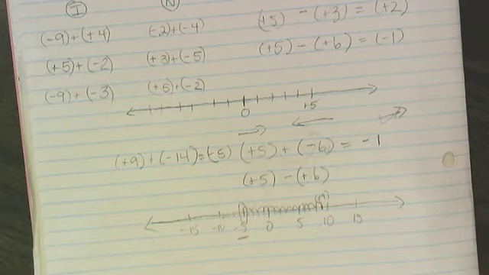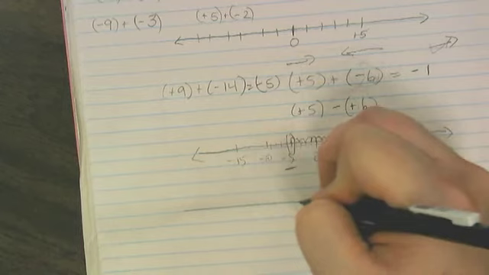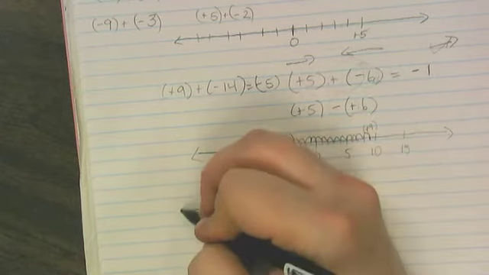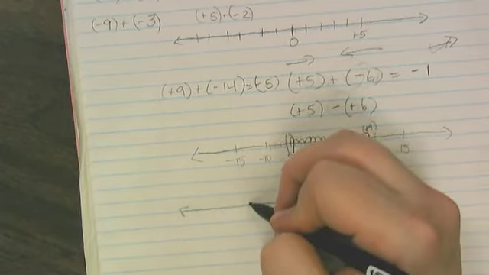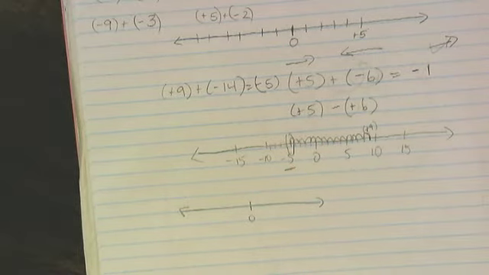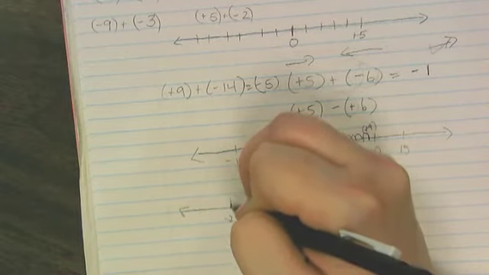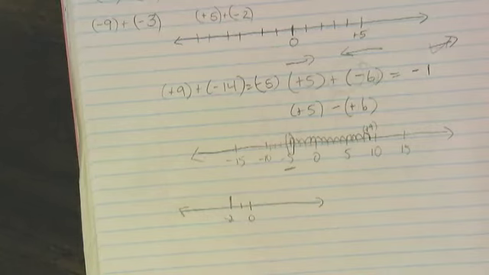All right. Negative 2 plus negative 4. You draw a number line. 0. Where's negative 2 on this number line? 2 to the left. Okay, so that's where I start. There's my starting point. And if I am adding negative 4, am I going to the left or to the right?